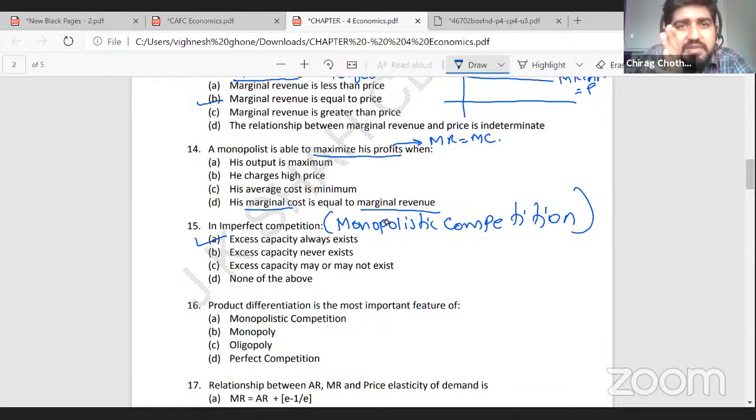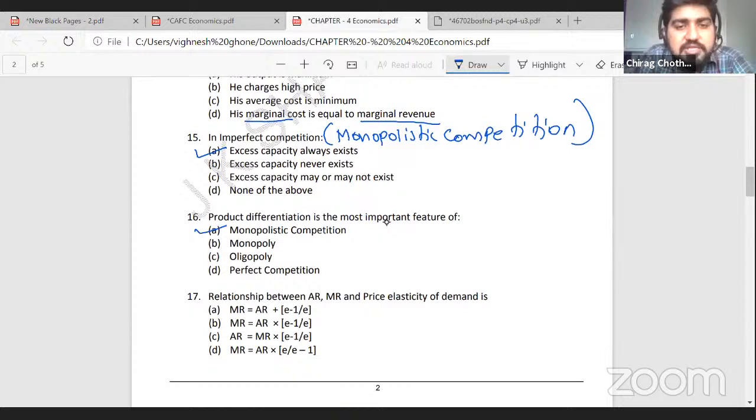That means they have little range of product differentiation. But when we talk about monopolistic competition, there are so many buyers, so many sellers, and they try to differentiate the product from one another. So monopolistic competition definitely has a higher level of product differentiation as compared to others. So we go with A, right?